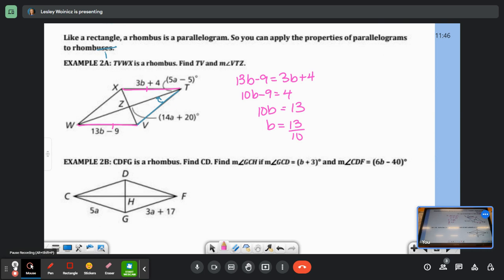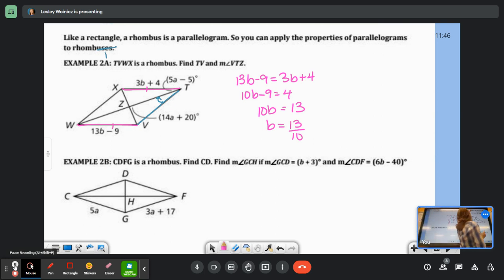Okay, so what do we know about the sides of a rhombus? They're congruent. They're all congruent.